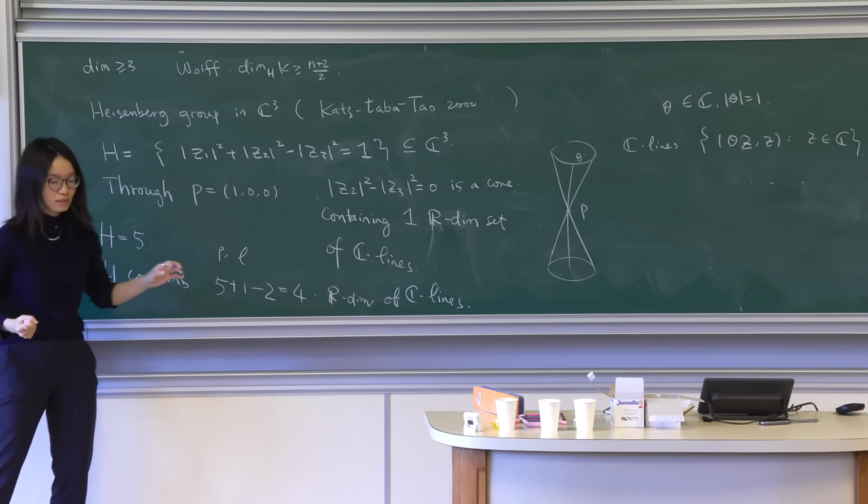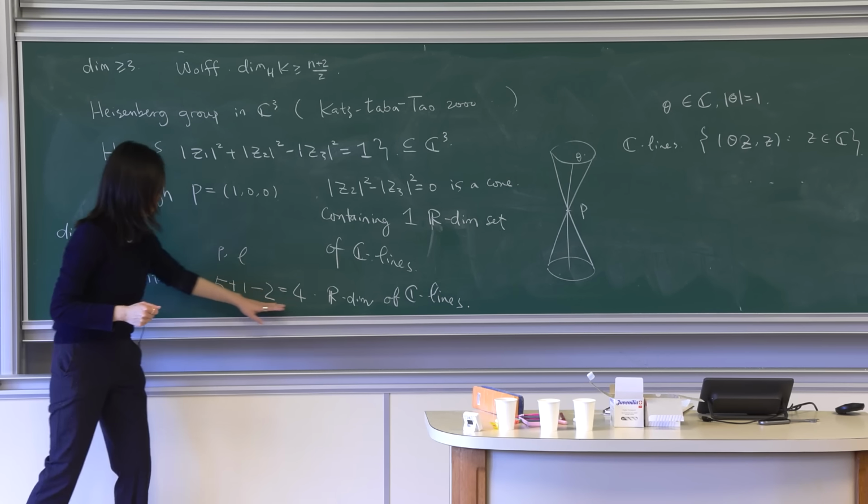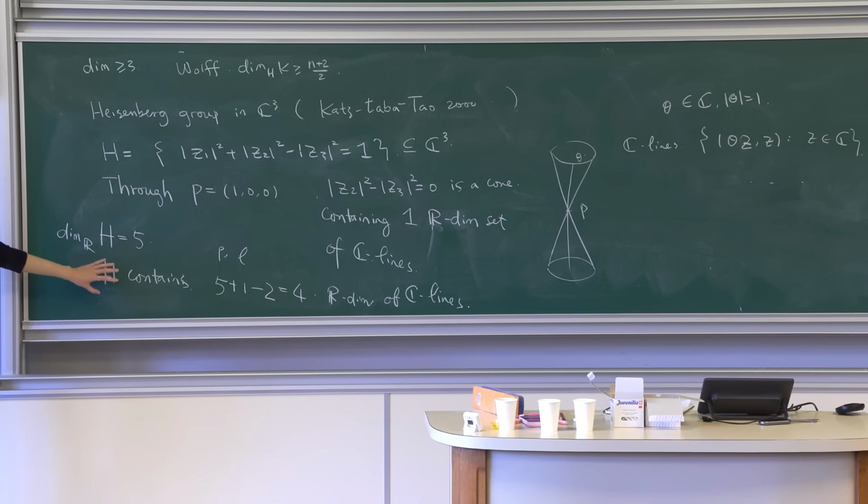Since any Kakeya set in R3 contains a 2-dimensional set of lines, if we double the exponent, this is like 2 times 2 equals 4. So the Heisenberg group looks very much like the Kakeya set in R3, except that it's contained in C3. Also, if you calculate, this H satisfies the Wolf axioms.